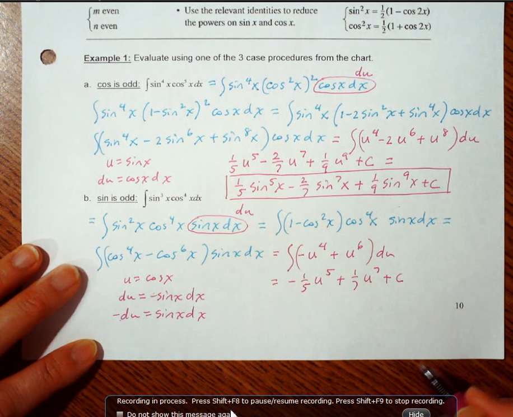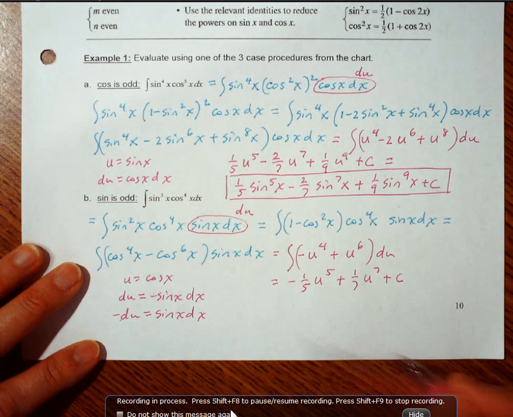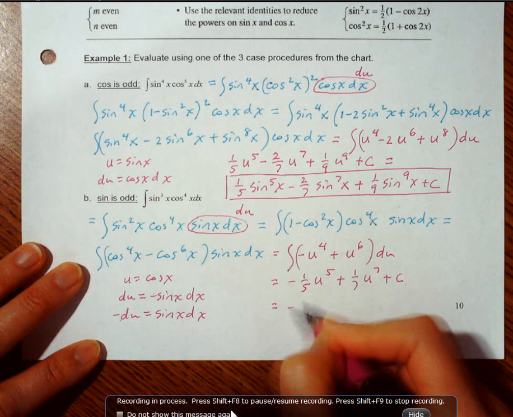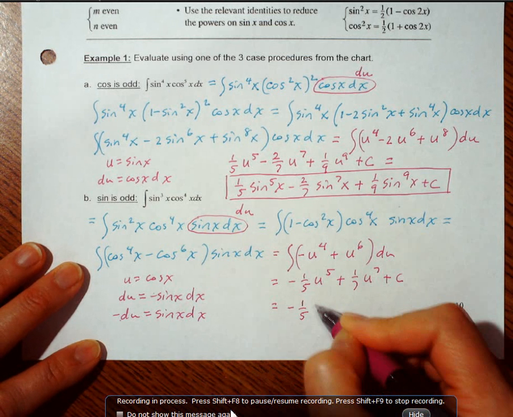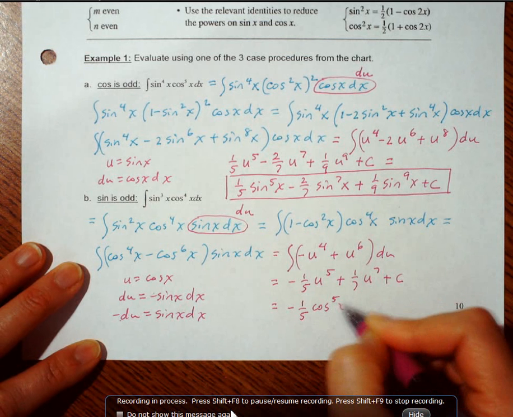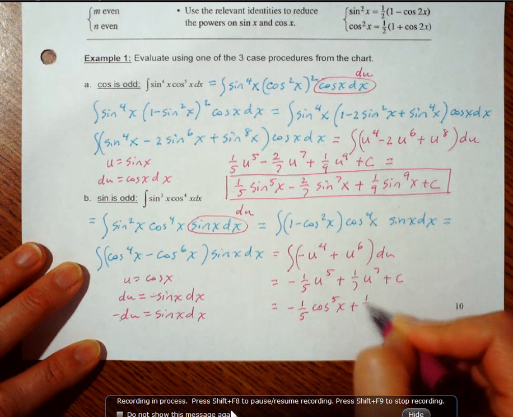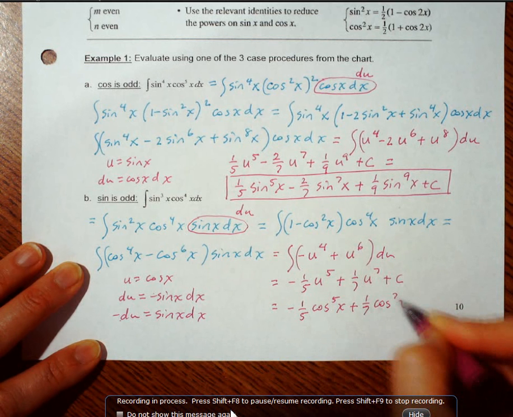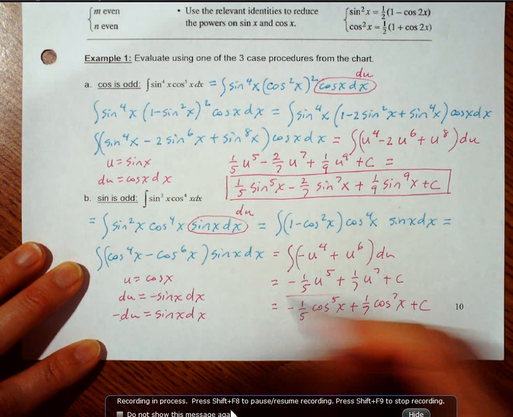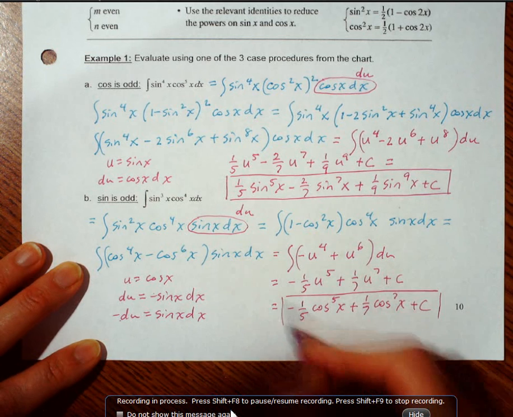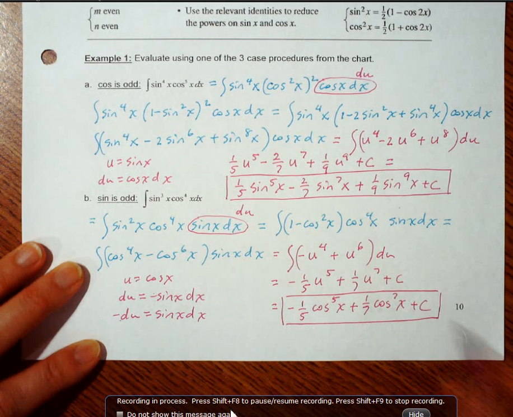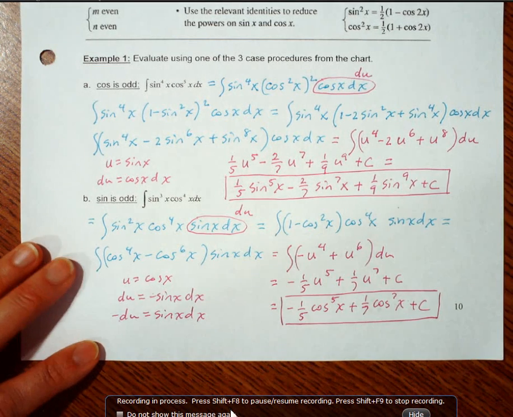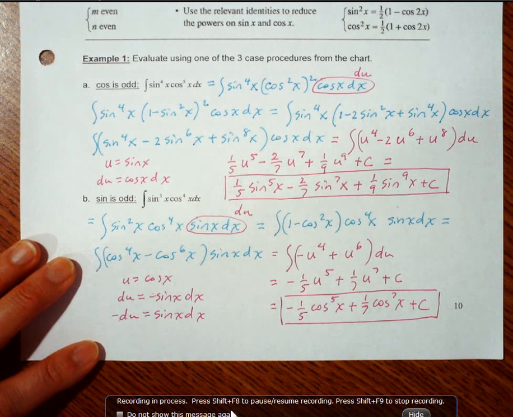And then make u equal cosine of x: negative 1/5 cosine to the 5th x plus 1/7 cosine to the 7th x plus c. Okay, that's it for page 10.